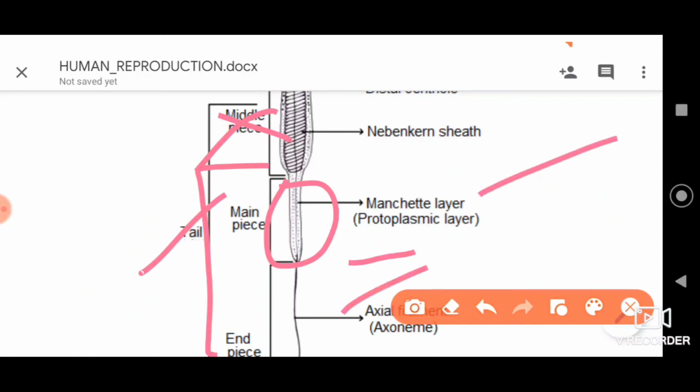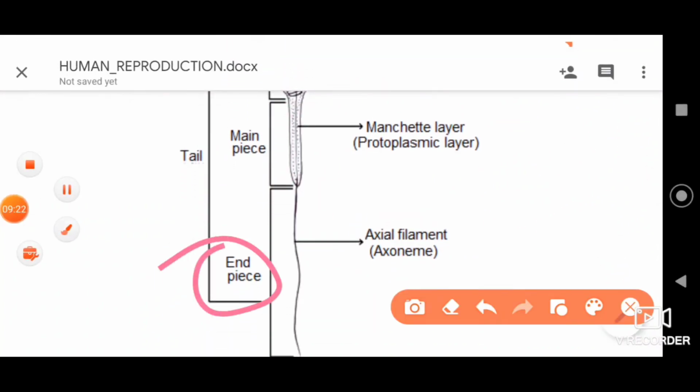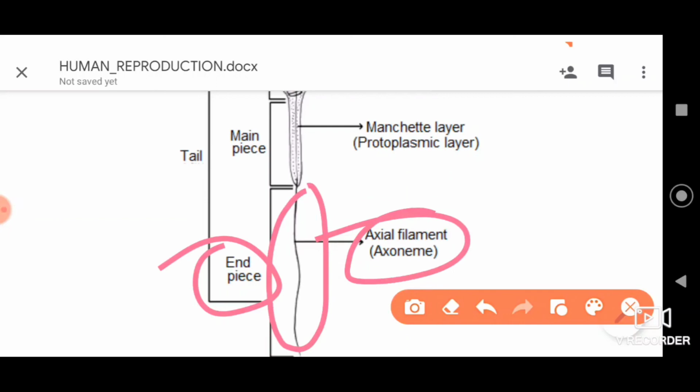So both are present, axial filament and manchette layer, as part of the main piece, whereas the end piece is the lowermost part of the tail. It is the posterior part of the tail and consists of only the axial filament, as you can observe here.